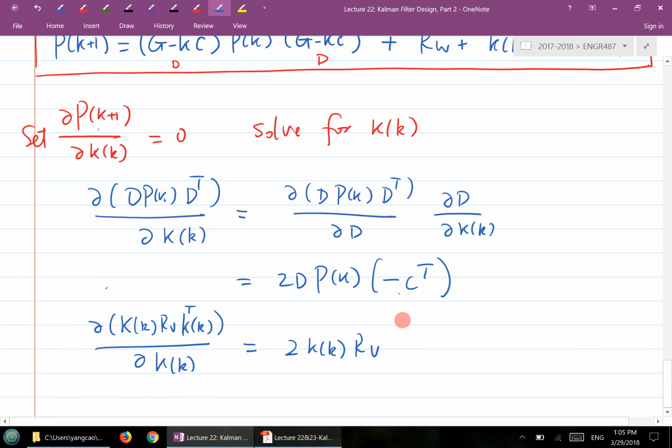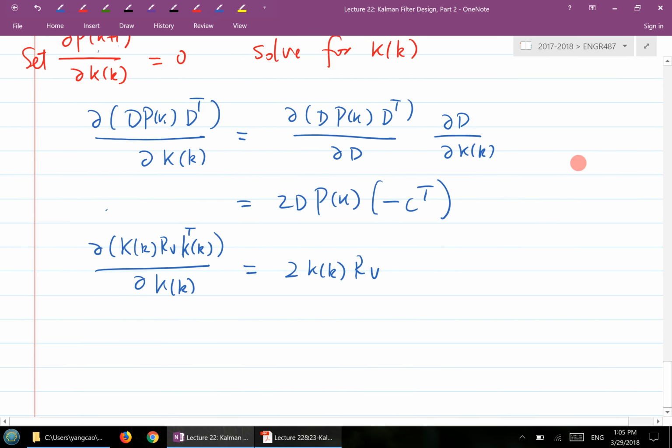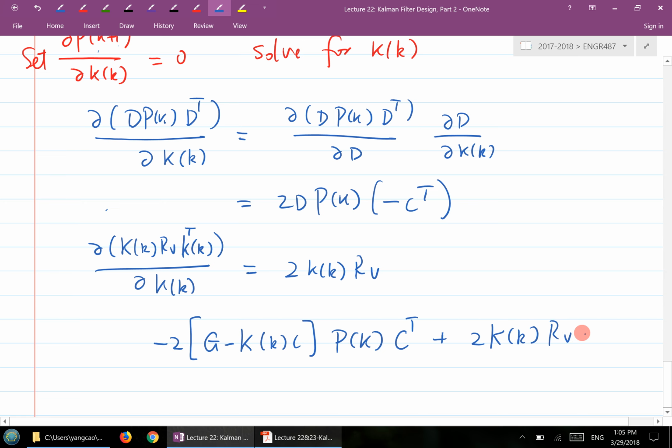You put these two together and let the sum equal 0. D is G minus kC. You get rid of the 2, for sure. There's a negative here, so negative 2 times G minus kC, multiplied by P of k times C transpose. Then plus this term, 2 k Rv, equal to 0.